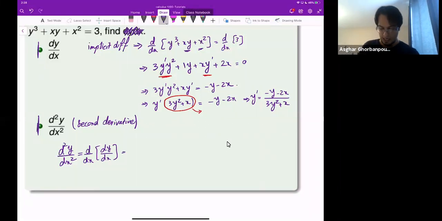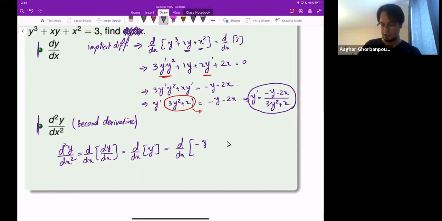In other words, if you want to find the second derivative, you first need to find y prime and then differentiate it again. Look, I have y prime. I can differentiate the whole y prime with respect to x, and whatever the result is, it's going to be my second derivative.